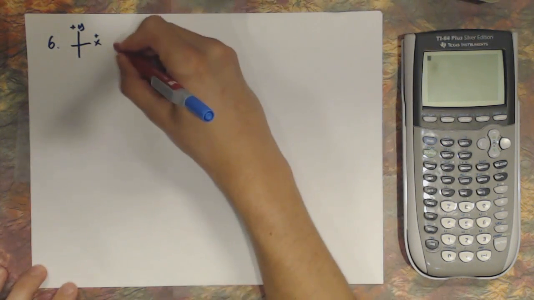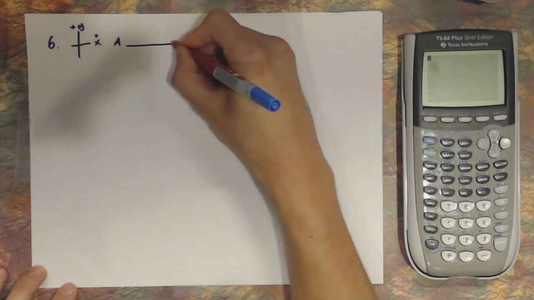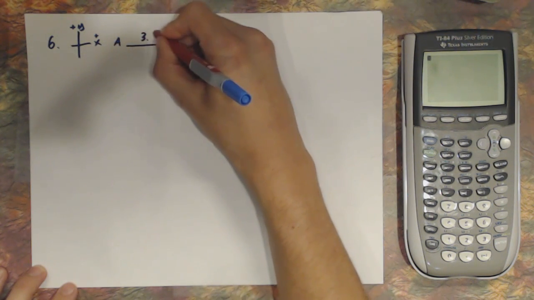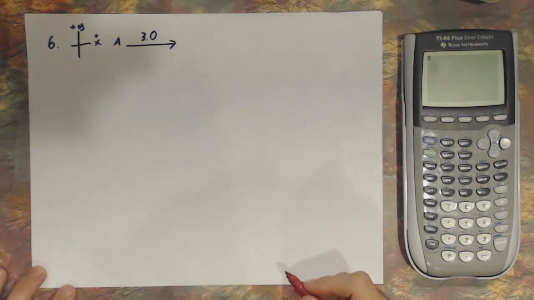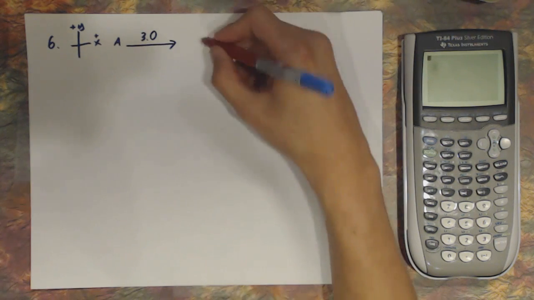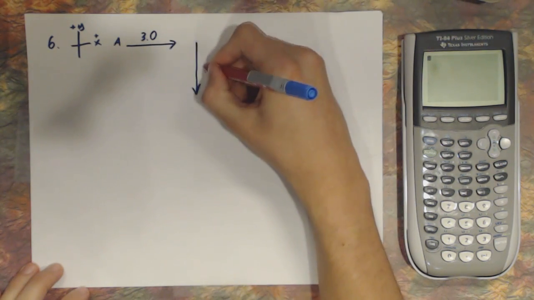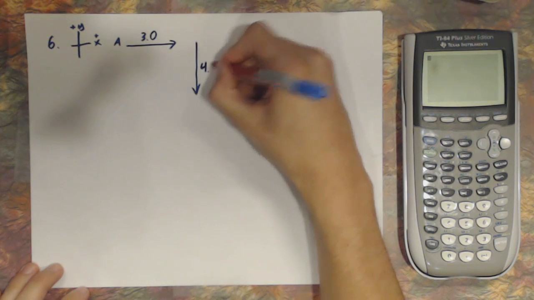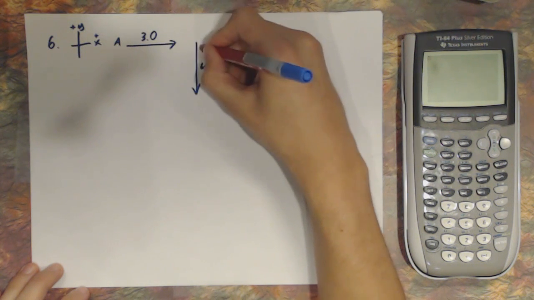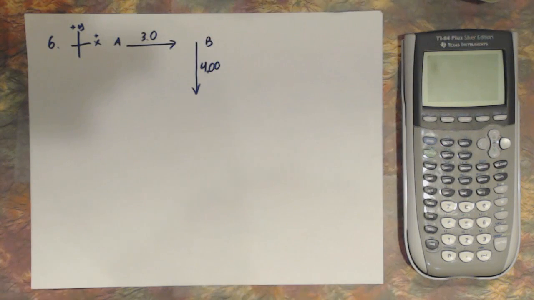So we're going to draw vector A, which is 3.0 units this way, and then vector B is 4.00 units in length and points in the negative y-axis. So vector B is going to be 4 units. And part A says, use graphical methods to find the magnitude and direction of the following vectors.